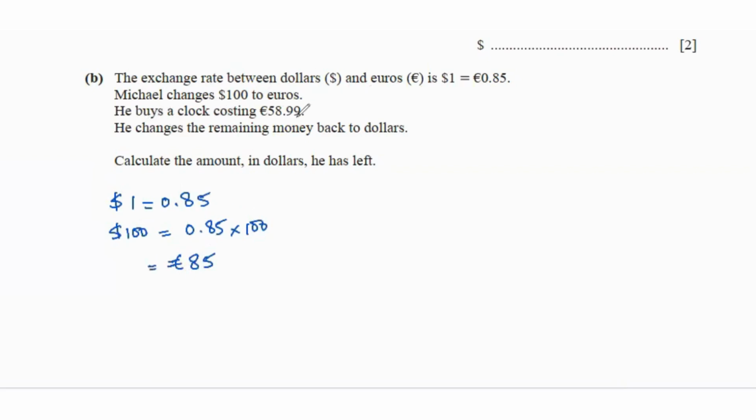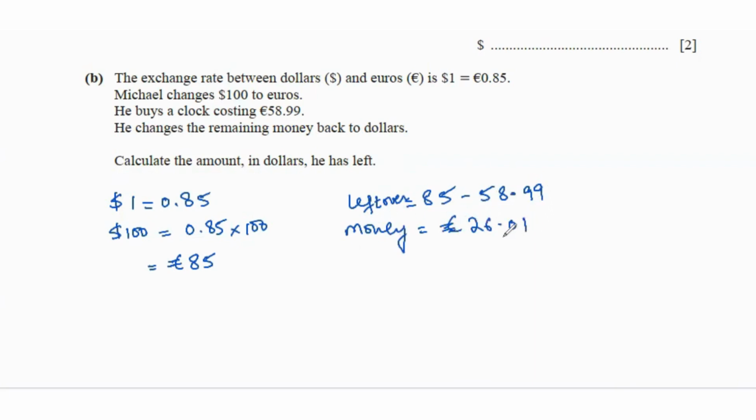Now, he buys a clock costing 58.99. So 85 minus 58.99, which will give us the leftover money, 26.01 euros.